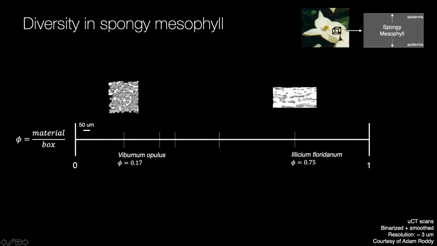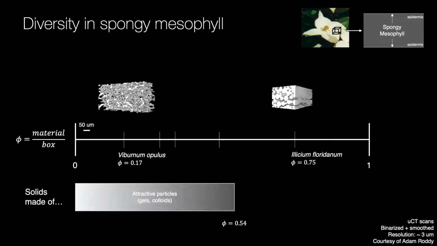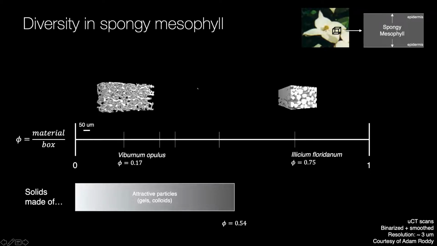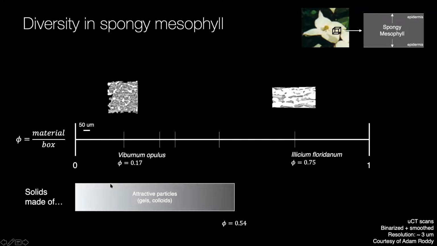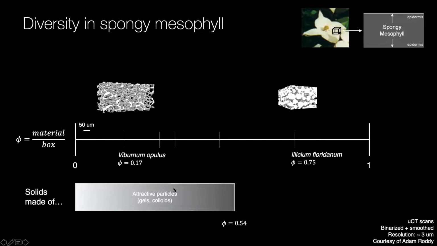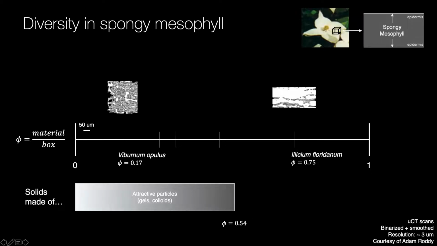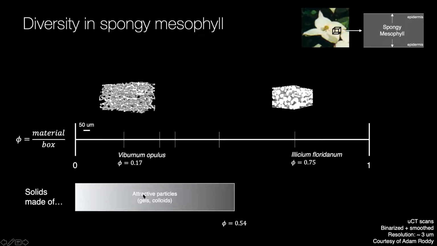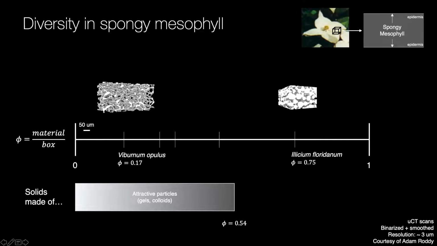But just to make a little point about comparing these things to actual materials, if we were going to see these microstructures not in a flower, but somehow in some inorganic material, these samples down here would typically be solids made of attractive particles, going up to about a packing fraction of around half the box volume being filled with stuff. That's typically the realm of gels or colloidal gels, even down to these low packing fractions.